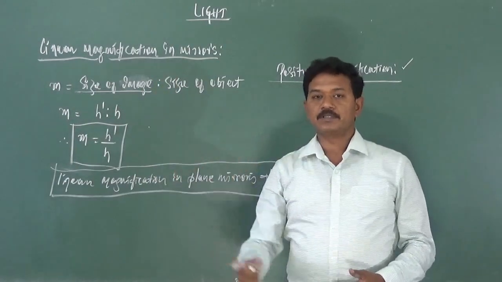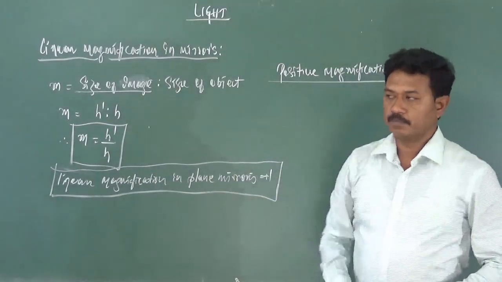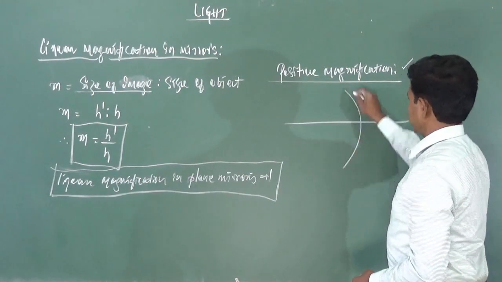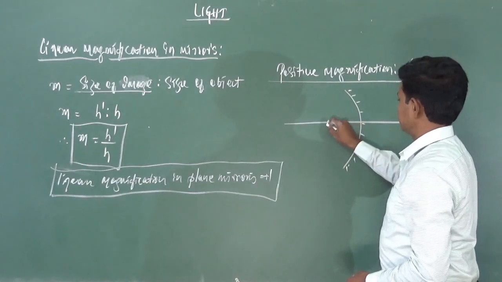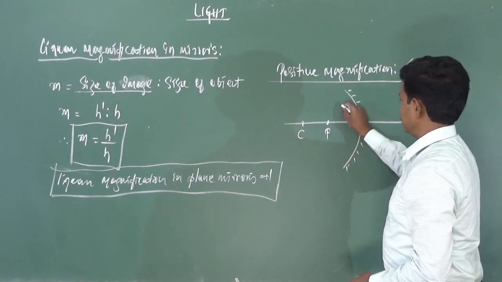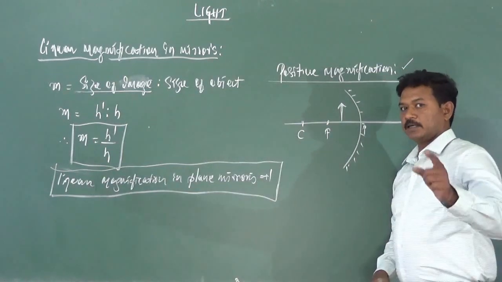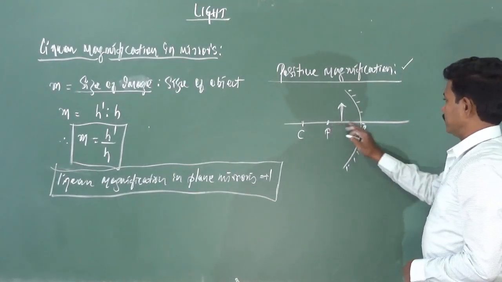When this happens, we say that the magnification of that mirror is positive. We came across a concave mirror like this. This is the principal focus, this is the pole, this is the center of curvature. I hope you remember the sixth ray diagram in case of concave mirrors. The object was placed between F and P.